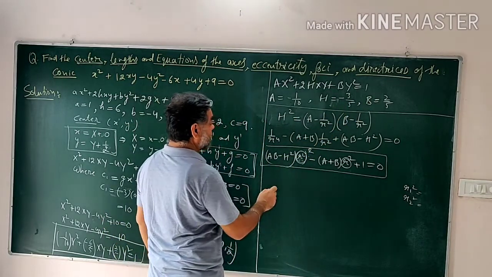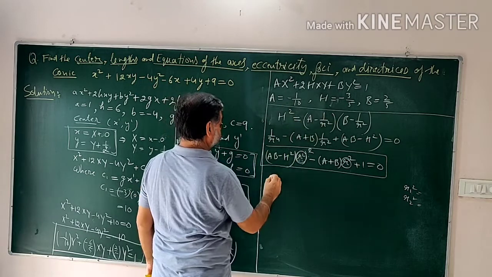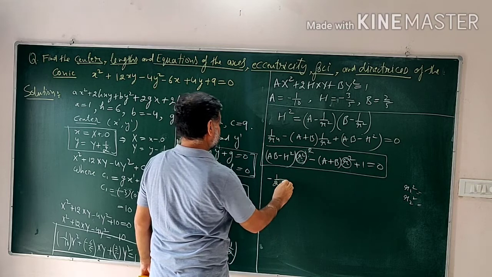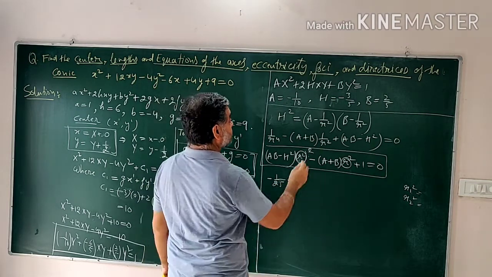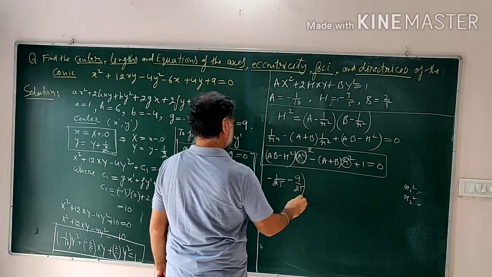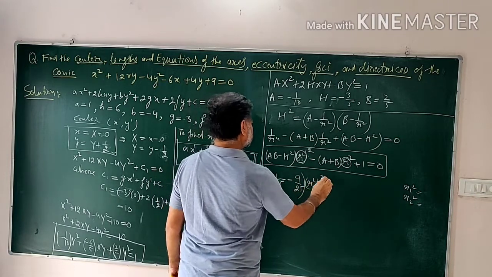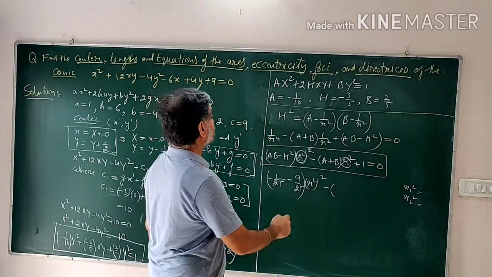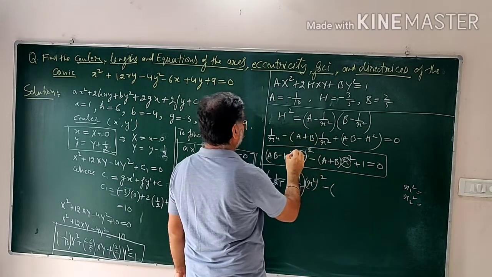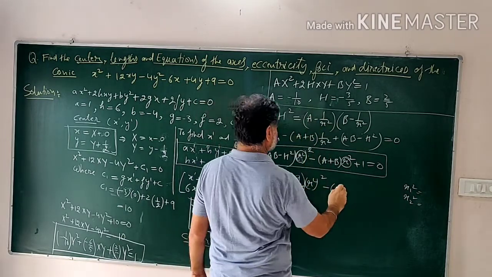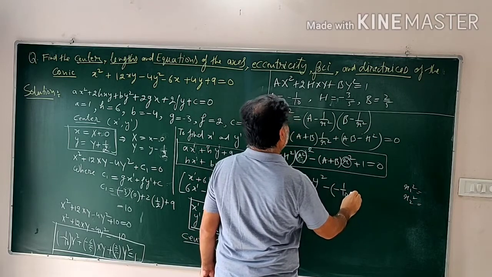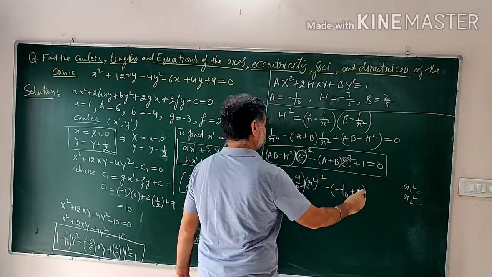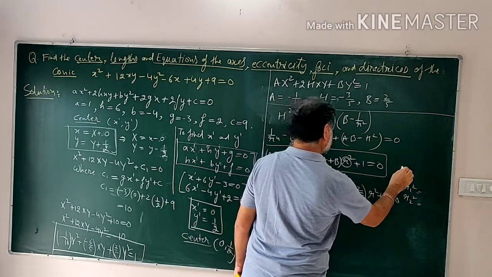So this equation becomes: ab, that is minus 1 over 25, minus h square, h square is 9 by 25, into (r square) square, minus (a plus b), where a plus b is minus 1 by 10 plus 2 over 5, times r square, plus 1 is equal to 0.